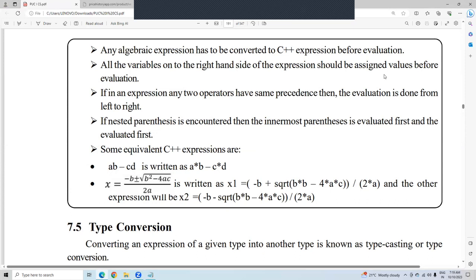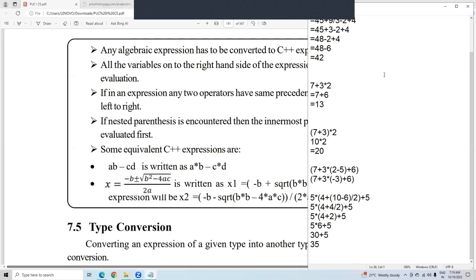If nested parenthesis is encountered, then the innermost parenthesis has to be evaluated first. Some equivalent C++ expressions are, here you see, AB minus C into D.